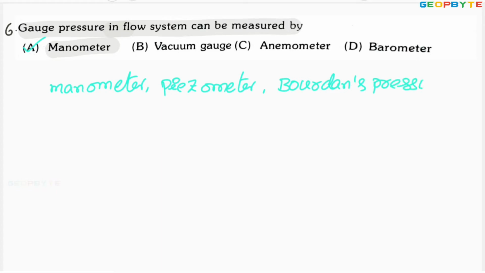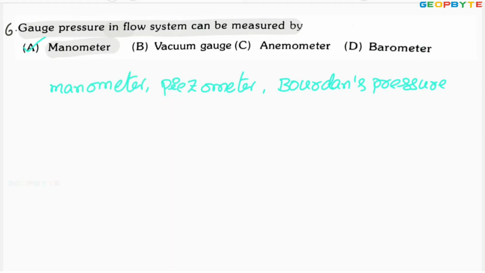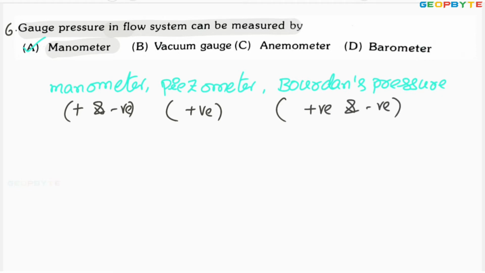These three are the pressure measuring devices. But manometer is suitable for both positive and negative pressure. Whereas the piezometer is suitable for only positive pressure. Bourdon's pressure gauge is also suitable for positive and negative gauge pressures.